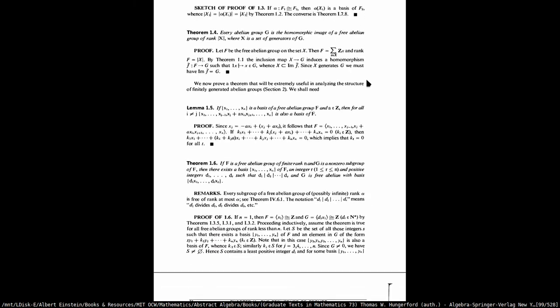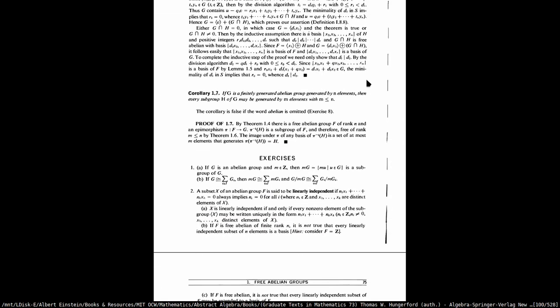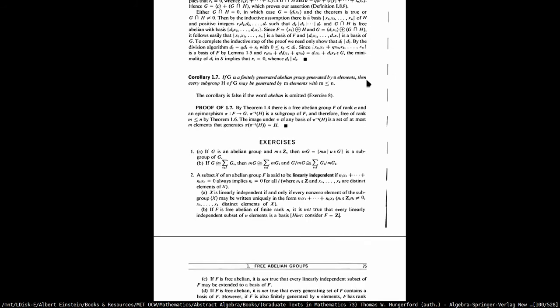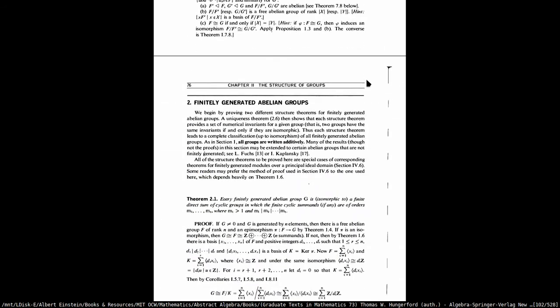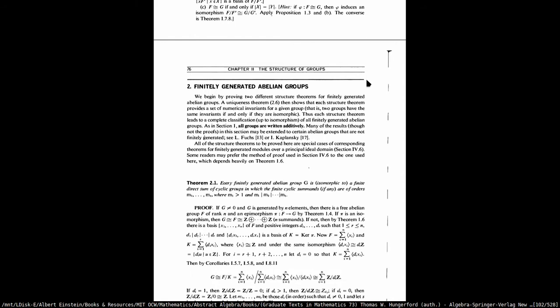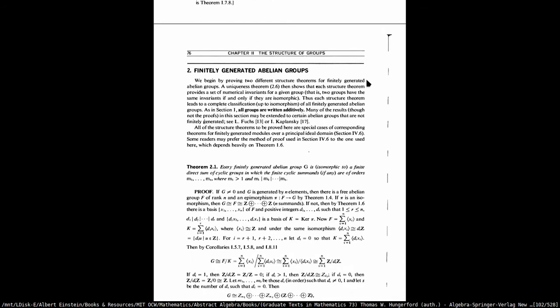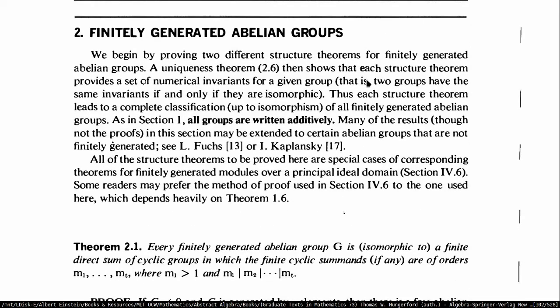But a caveat he gives is that the proof in section 2 relies on a fact from chapter 1. It's like theorem 1.6 or something like that. All groups are written additively. No, wait, sorry, theorem 2.6. There it is. Uniqueness theorem, yeah. Theorem 1.6 from chapter 1.